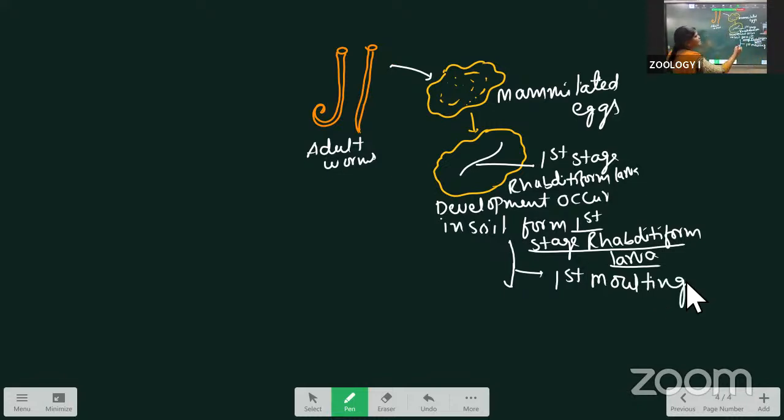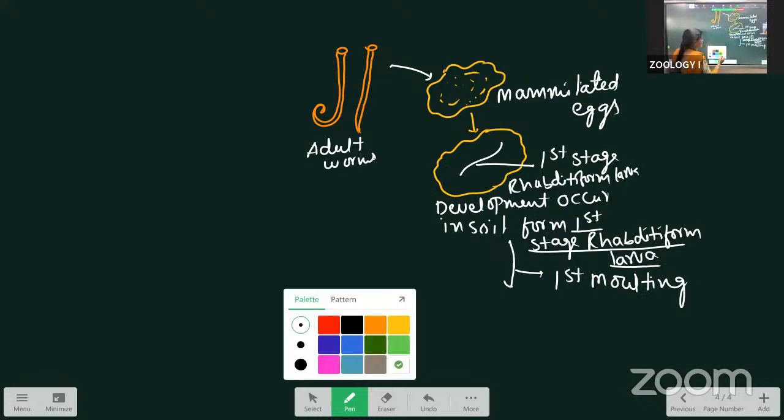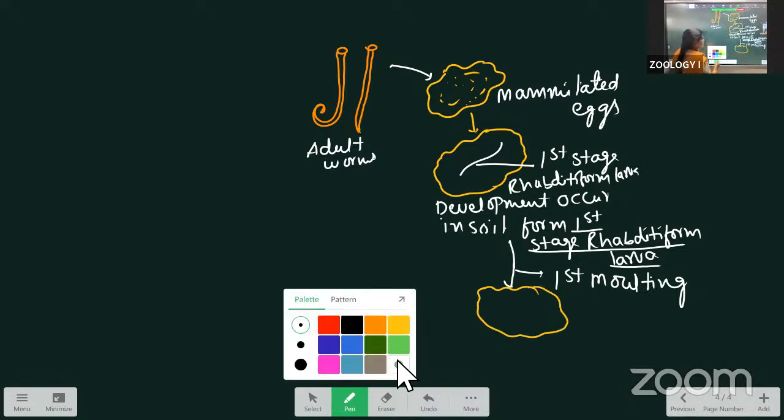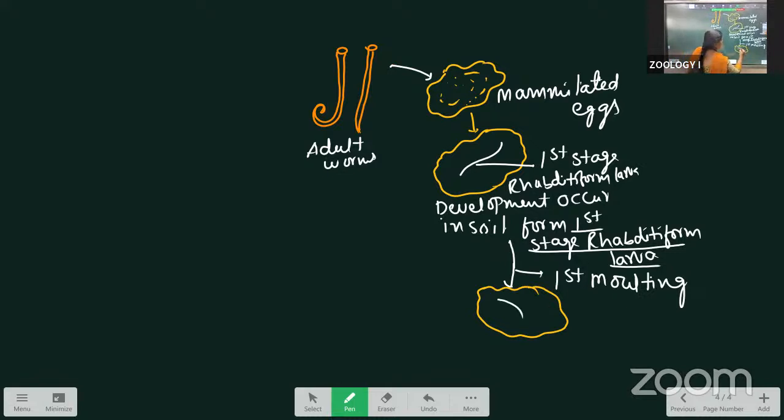And they are formed as the second stage rhabditiform larva.